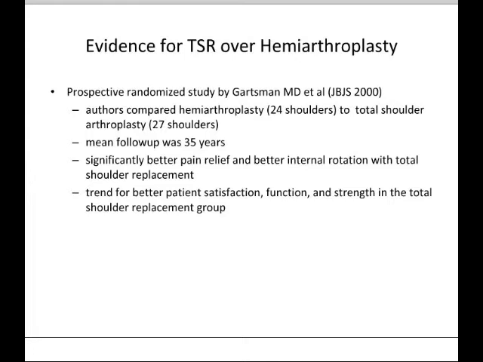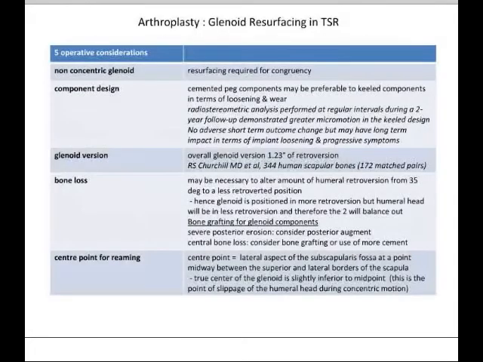Operative considerations you need in terms of the glenoid resurfacing in total shoulder: the non-concentric glenoid, you need that for obviously joint congruency and reduction in eccentric wear. The design of your component is important as well.